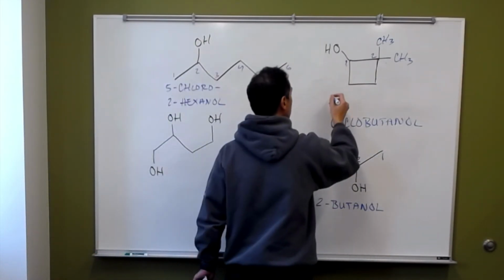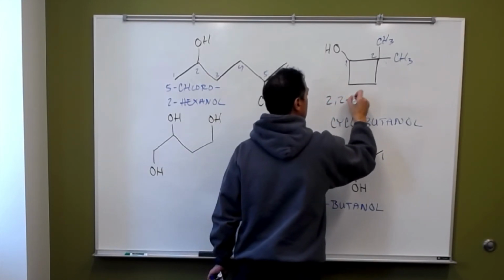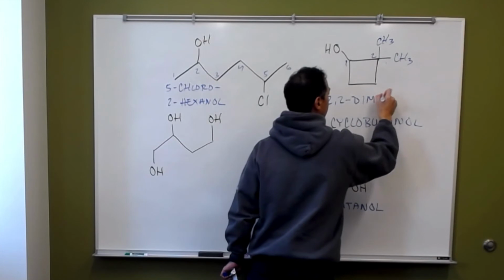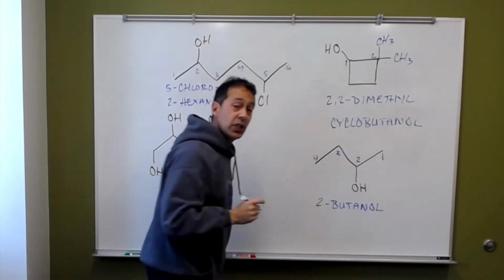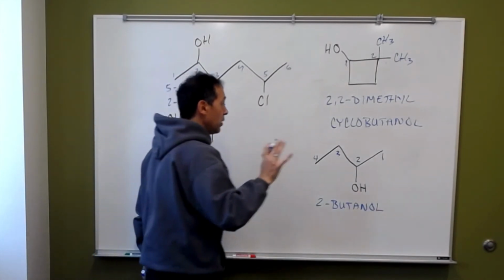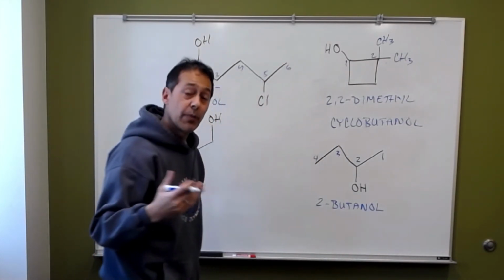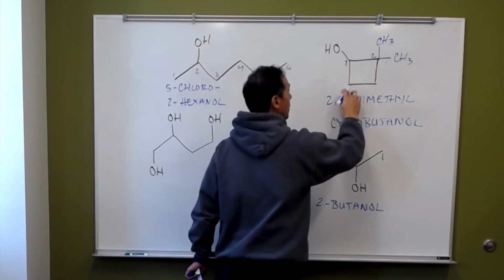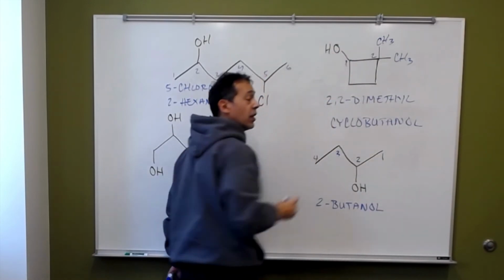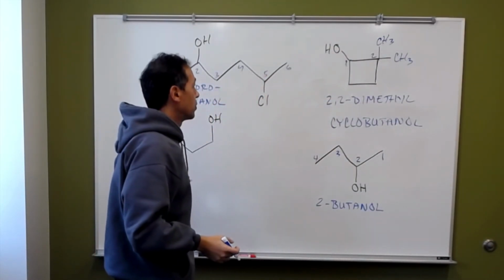So I'm going to go 2,2-dimethylcyclobutanol. And you may notice I didn't put a 1 here in front of the cyclobutanol to show which carbon atom that hydroxyl group was off. It's just assumed when we have a ring structure like this and there's just one hydroxyl group that it's off of the first carbon atom.